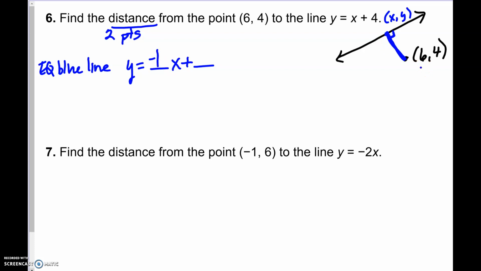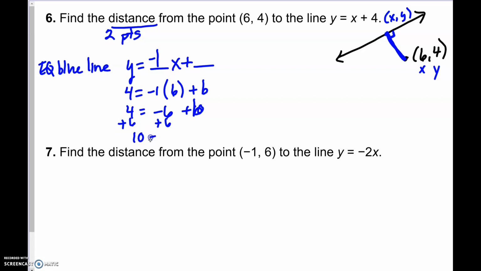And then we have this ordered pair. So in place of y, I can put 4, in place of x, I'm going to put 6, and I'm going to solve for that y-intercept. So 4 equals -6 plus, whoops, plus b. My brain's already adding this 6. And I get 10 for my y-intercept.